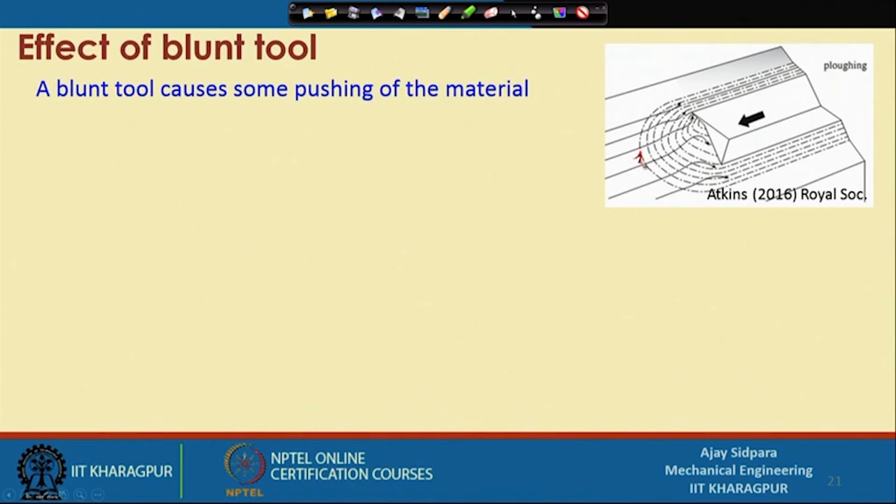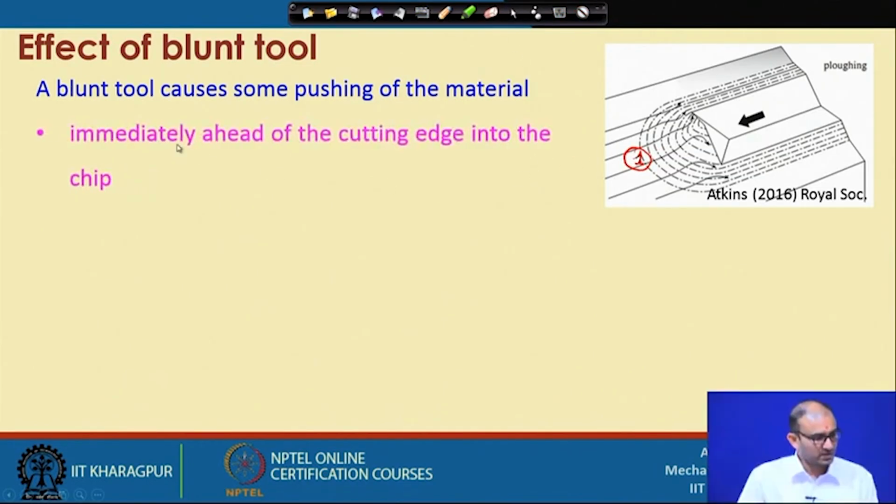So, let us put this one here. That is called immediately ahead of the cutting edge into the chip. So, now this is our chip flow. When this is the material, now if you see from the side view, then our tool is here.